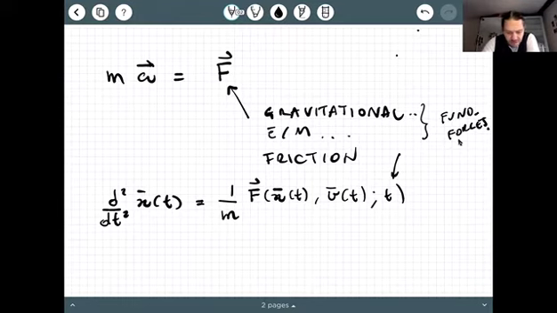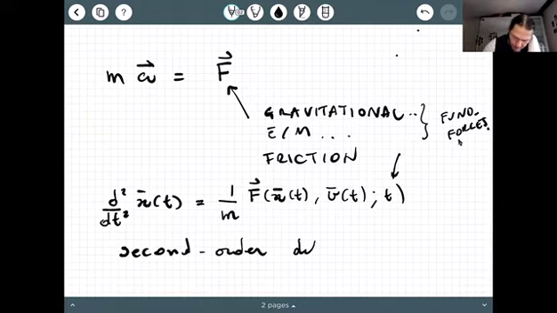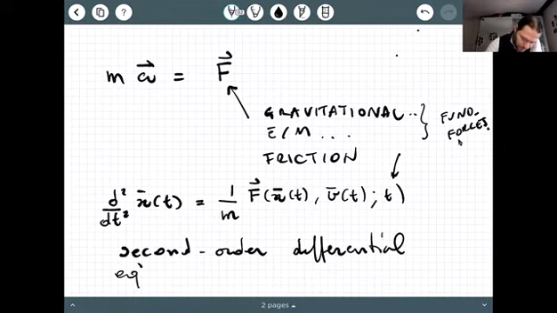Fine, these are all details. The main fact is that once you have this equation, if you can solve this second order differential equation, then you can get the law of motion, meaning you can get the position of a particle at any time t in the future.